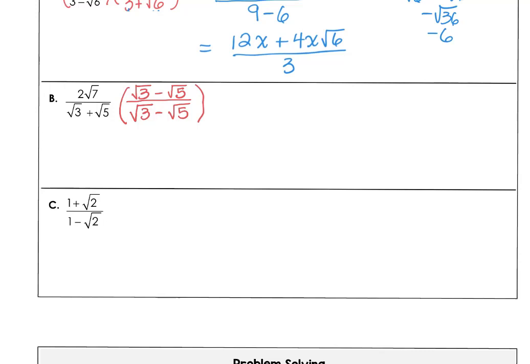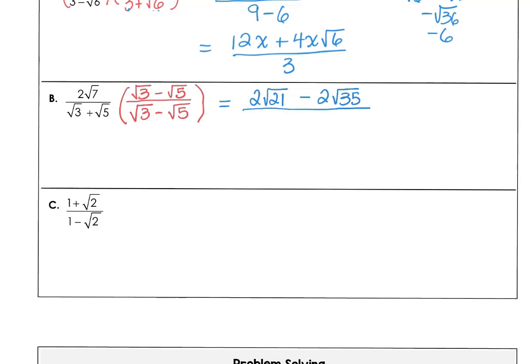And then we can distribute. So 2 radical 7 times radical 3 is going to make 2 times the square root of 21. And 2 times radical 7 times radical 5 is going to be negative 2 times the square root of 35.